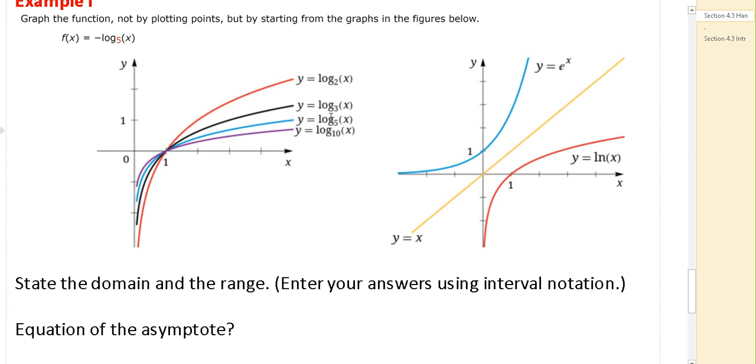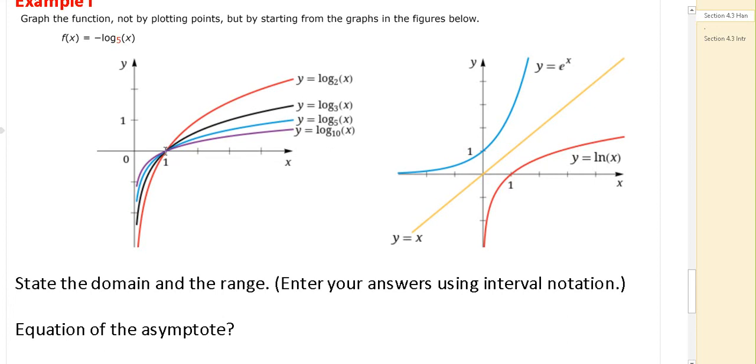And then you've got all these functions. Now, the bigger the base, the flatter the function. One thing I do want to point out is all of these pass through what point in particular on this graph? All 4 of these functions. Log base 2, log base 3, log base 5, log base 10. What do they all pass through?